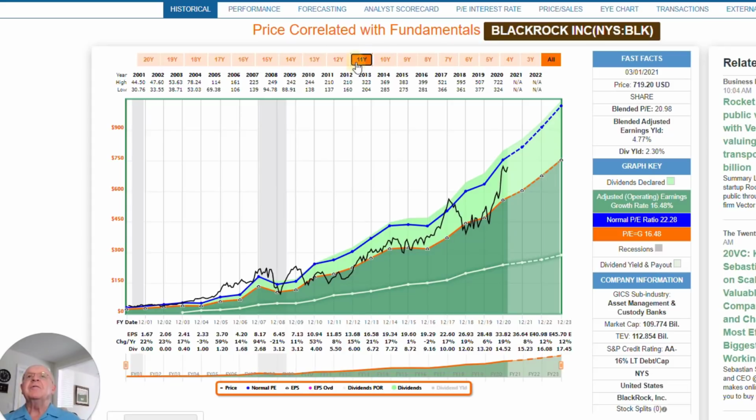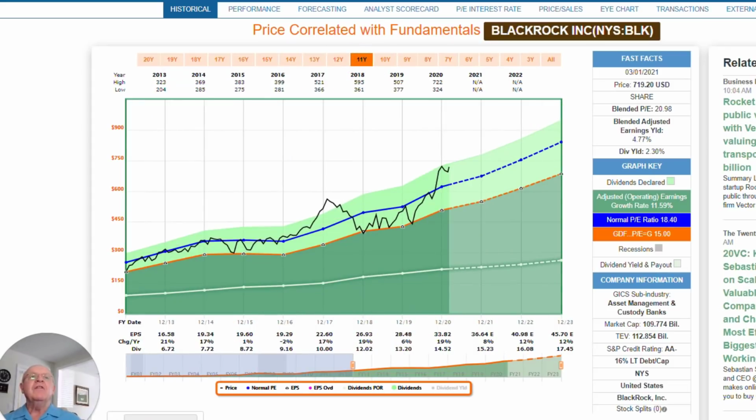If I look at it from a standpoint of the last 11 years, the growth is still double-digit, 11%. Here we see a case where the market likes to put a premium valuation, but I want to make another point here. By looking at this chart, I also basically get the idea that if I'm patient, if I really want to own this stock, it might make sense for me to buy it when I could get it at a lower valuation, and there's a possibility that could happen.